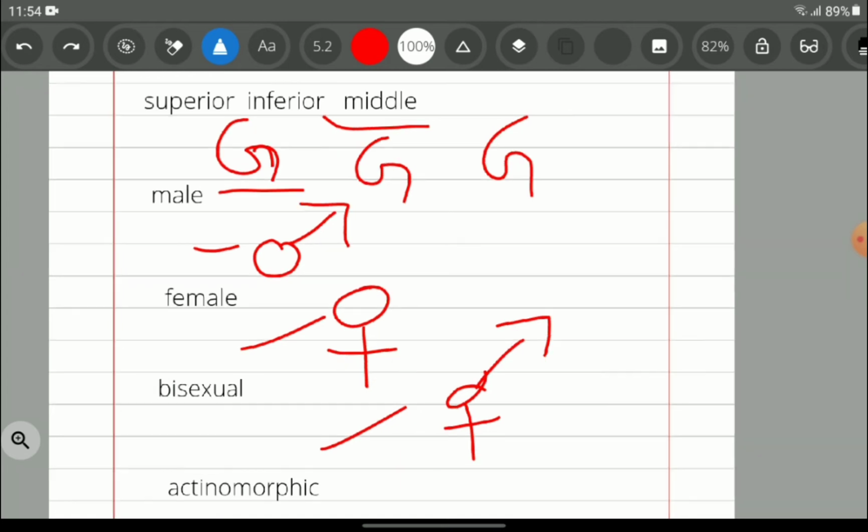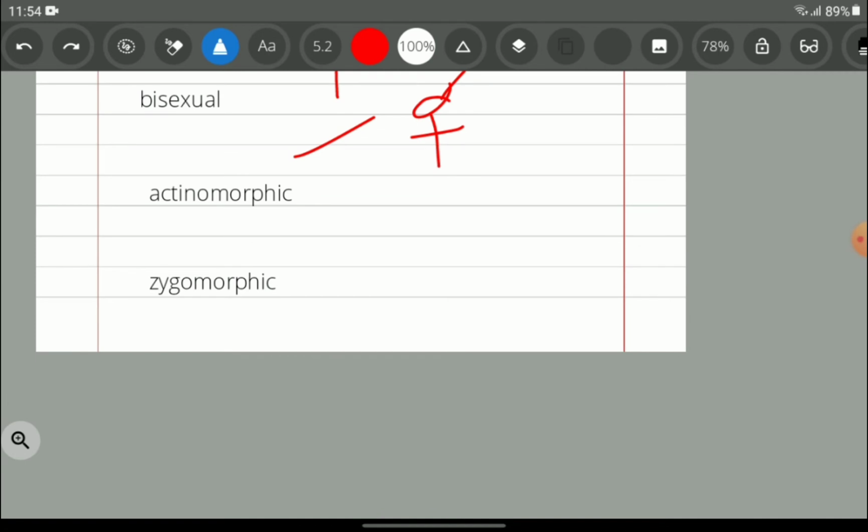Okay, next, then comes the actinomorphic and the zygomorphic. See, actinomorphic and zygomorphic, it seems to be very big words, but actually these are not so big words. See, leave actinomorphic, we'll come to zygomorphic. See, over here, if you take zygote, it resembles zygote, and zygote is formed by we humans also.